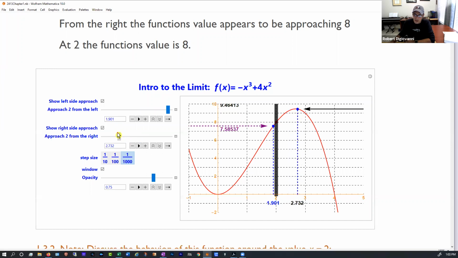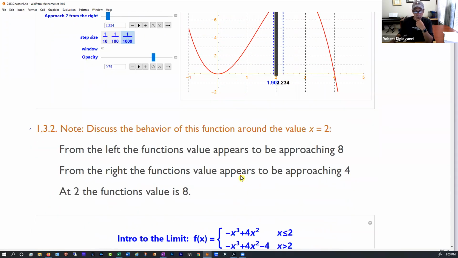They go up past 8, but then they start coming down towards 8 again. So it looks like from the left and from the right, as we approach 2, the function's value is approaching 8 from both sides. Is that clear? Is there anything I need to clarify on that?